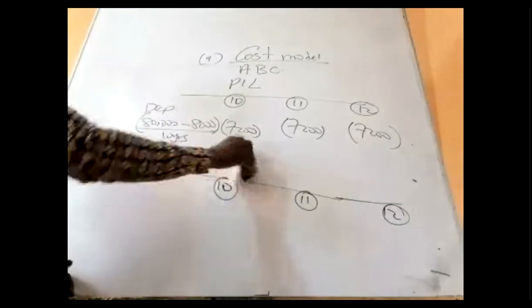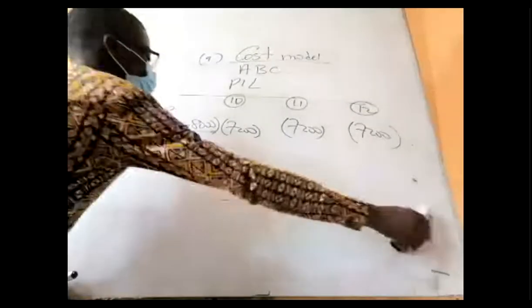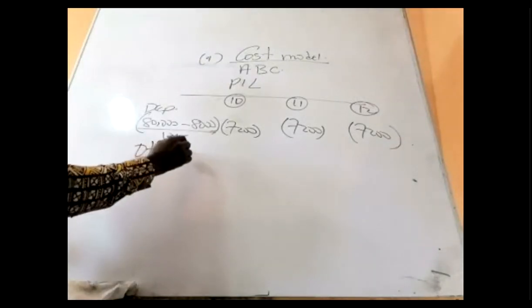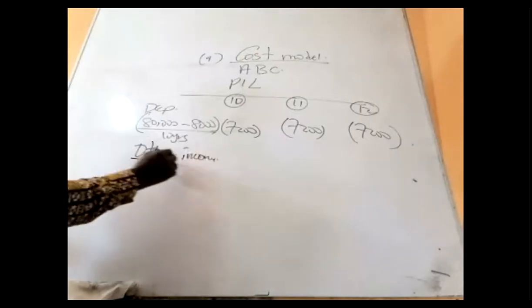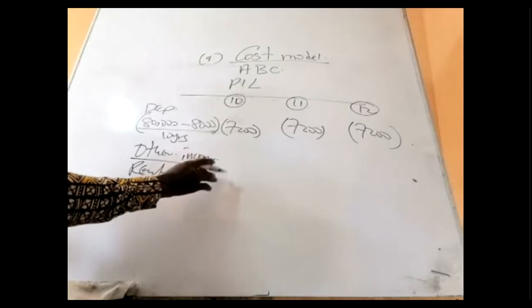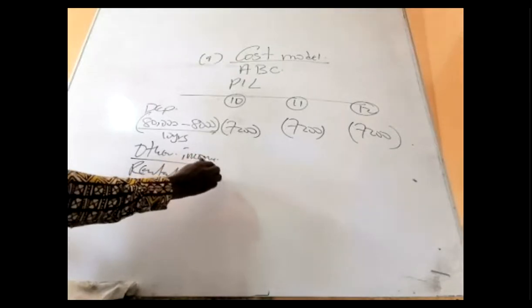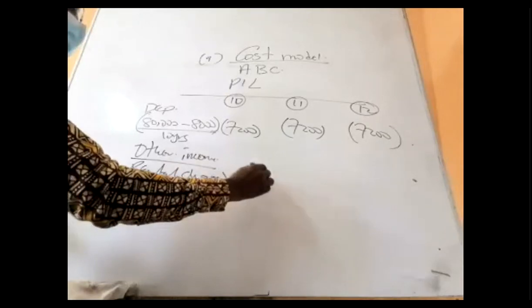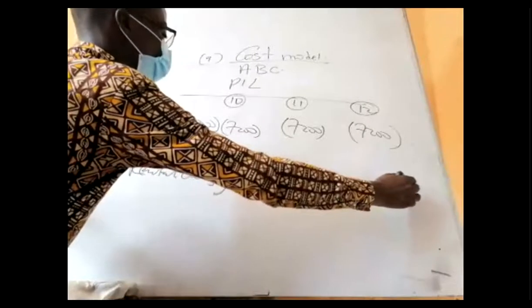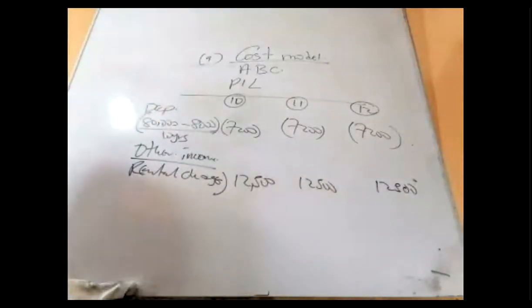Okay, so I'll go to other income and record rental charges. We are receiving the amount, and that's 12,500. Good. So this is how the P&L will look like under the cost model.